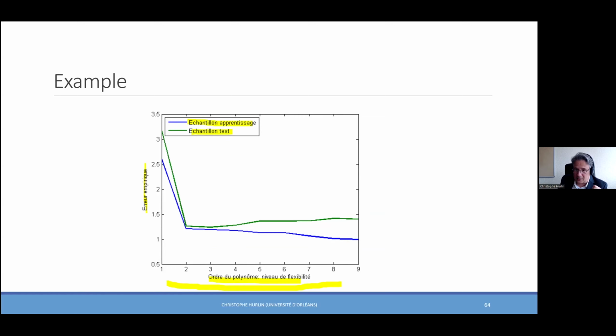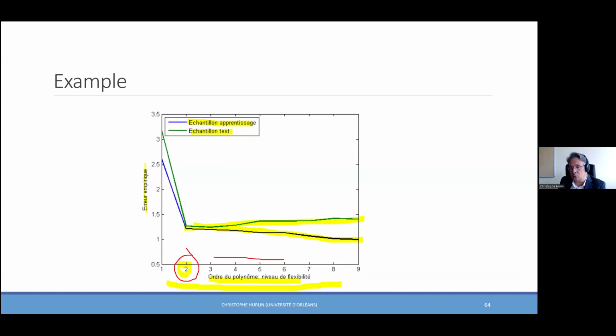What we observe is that if you increase the order of your polynomial beyond 2, the mean square error will increase on the test set, whereas it decreases on the training data set. And so the optimal model here consists in using a polynomial regression of order 2.